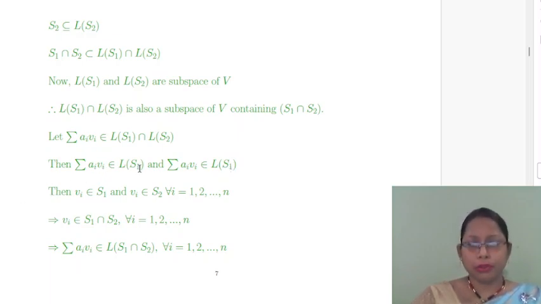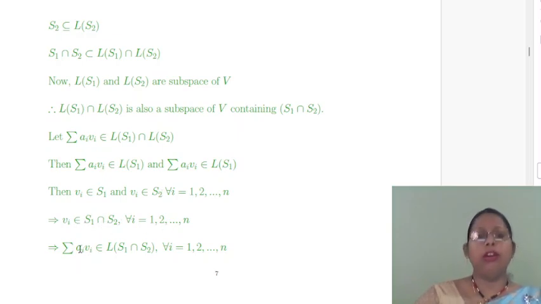Where Bi belongs to S1 and S2, for all i ranging from 1 to n, and Ai belongs to the field F. Since Bi belongs to S1 and S2, Bi belongs to S1 intersection S2, and their linear combination summation Ai Bi, which is equal to A1 B1 plus A2 B2 plus dot dot dot up to An Bn, belongs to the linear span of S1 intersection S2.